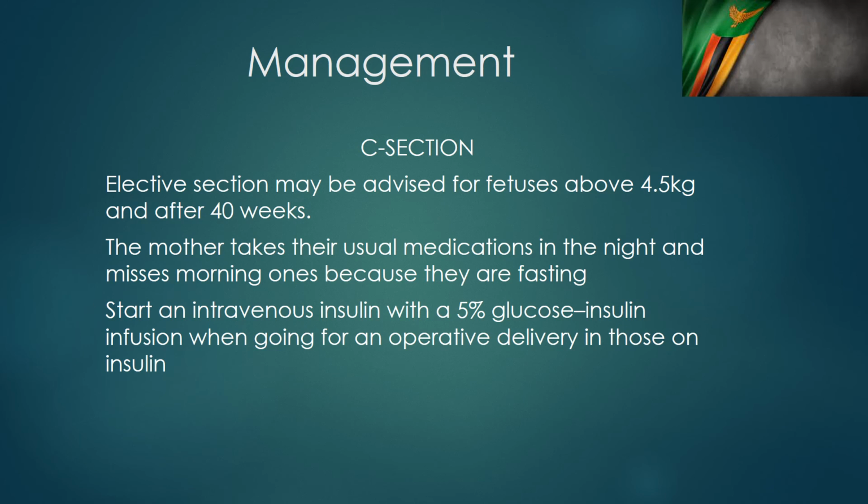So you give these medications, glucose and insulin, on the other drip, especially again for those patients who needed insulin during the antenatal period. For the patients who did not need insulin in the antenatal period, they will very likely not need insulin, and what is needed is close monitoring and giving appropriate treatment as needed for that particular patient.